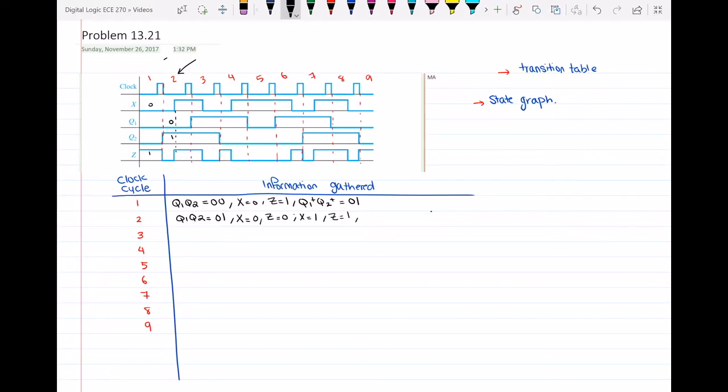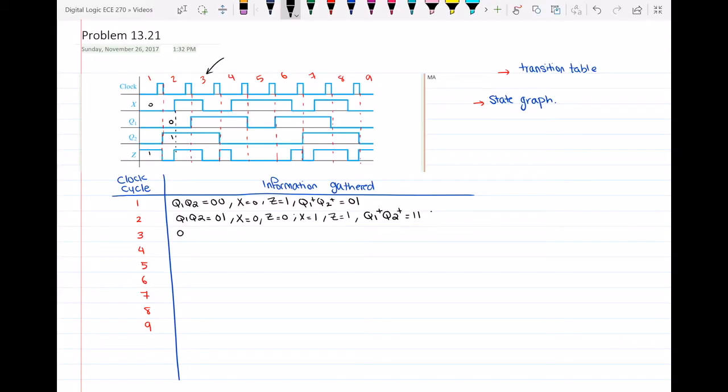Then what else do we need? We need to find the next state of my flip-flops. Let's look from this point to the right, which is the next state of my flip-flops. You can see that clearly it is 1, 1. All right, let's move to the third one.